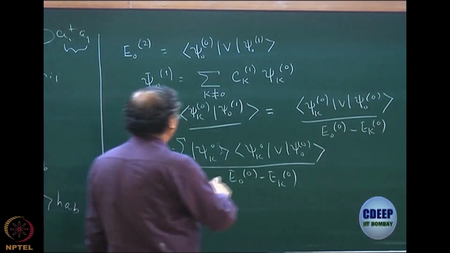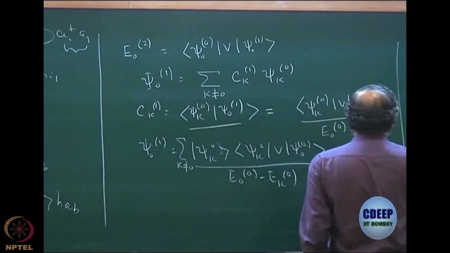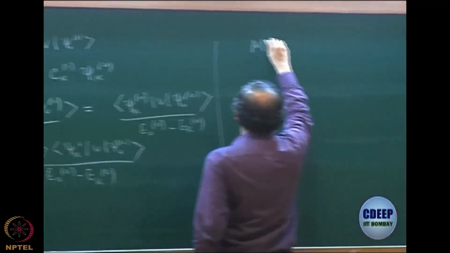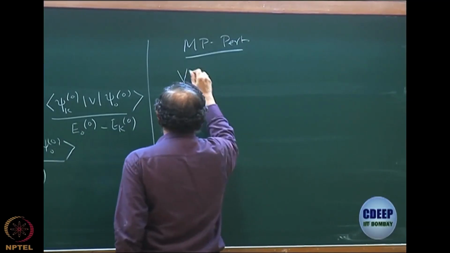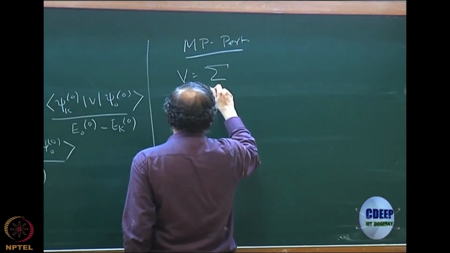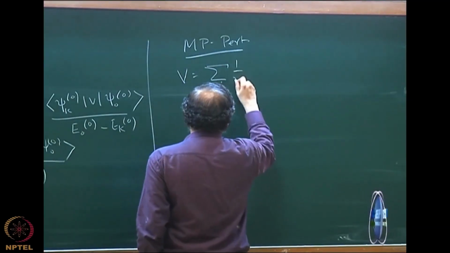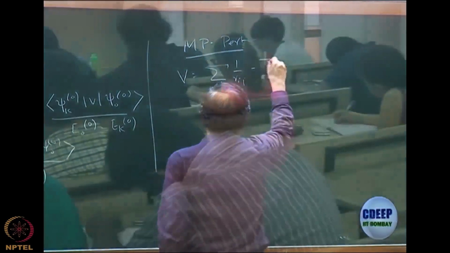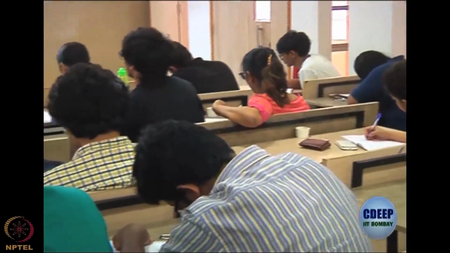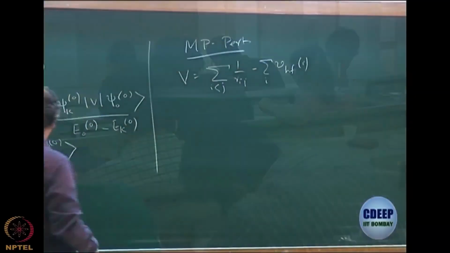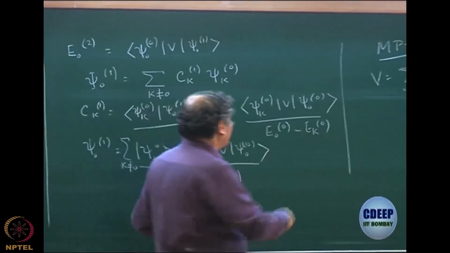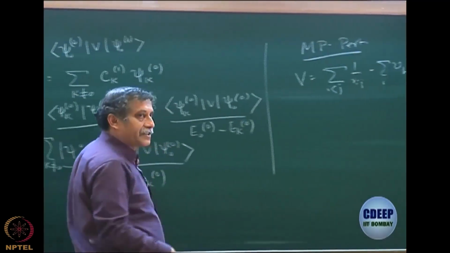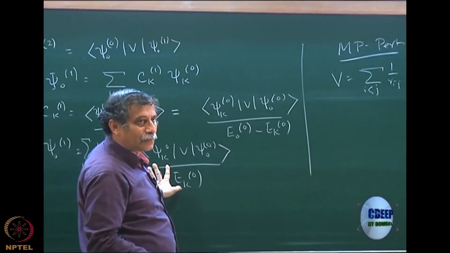Note that for our MP perturbation, Laplace MP perturbation, our V is the sum over 1 by Rij, minus the Hartree-Fock potential. Again, I want to make sure that you understand that. That is your V. So when I put this here, note that this quantity has to be only a doubly excited determinant because of Brillouin's theorem.